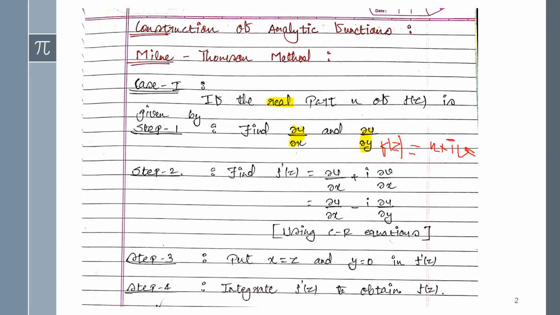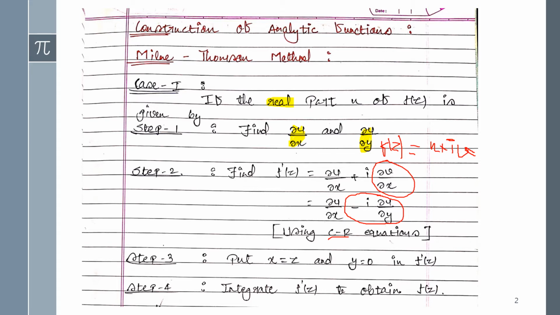So del v by del x will be the negative of del u by del y, which is why I have written minus i del u by del y. In place of del v by del x, I am going to apply del u by del y, by using the CR conditions.